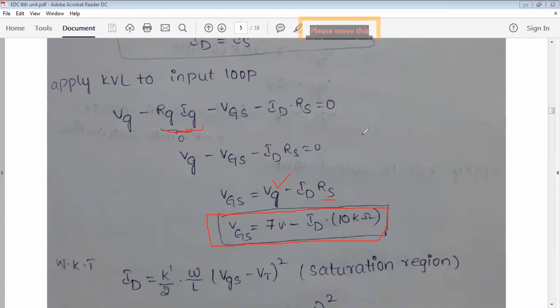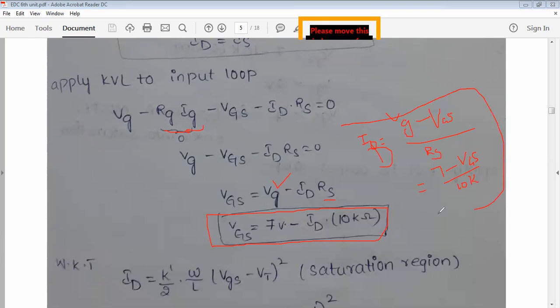Or otherwise, suppose the given device is a JFET, we have to express the equation in terms of ID. What is ID? ID is equal to VG minus VGS by RS. So this is the ID expression in terms of VGS. Vg is 7, so 7 minus VGS by 10K.